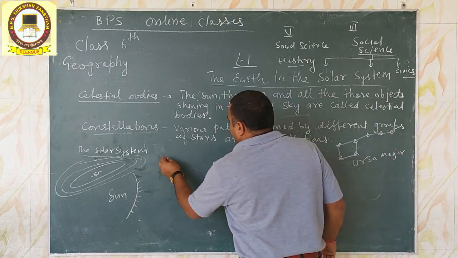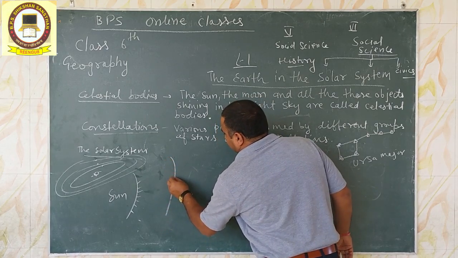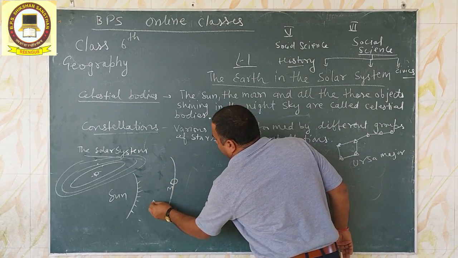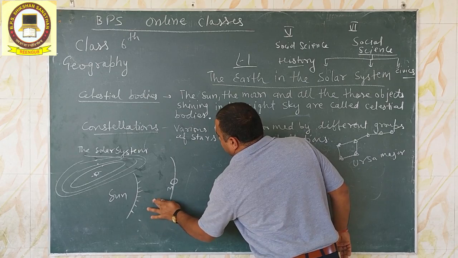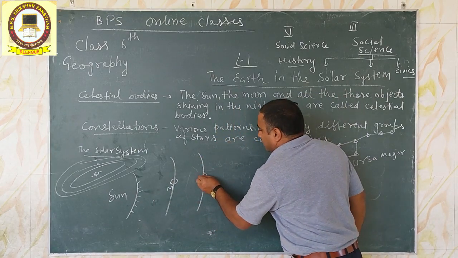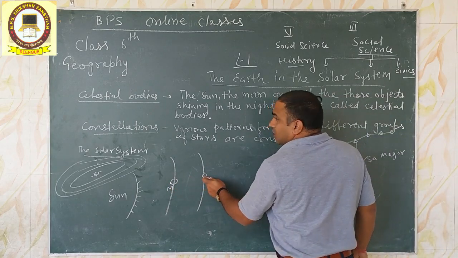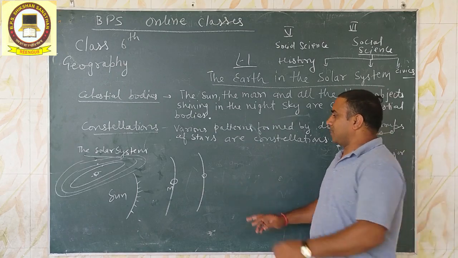Now next are the planets of our solar system. Closest to the sun is Mercury. Then Venus. Venus is the hottest planet of our solar system.